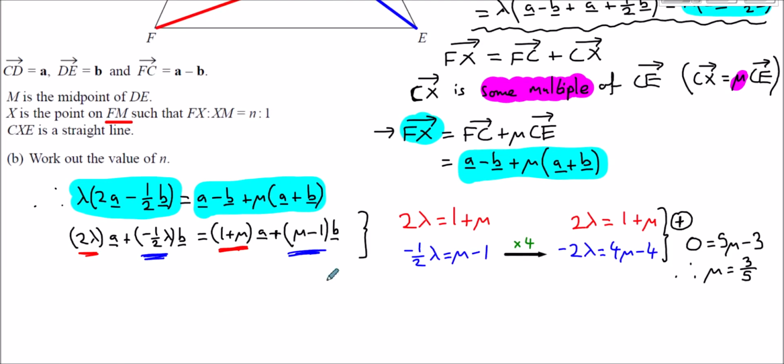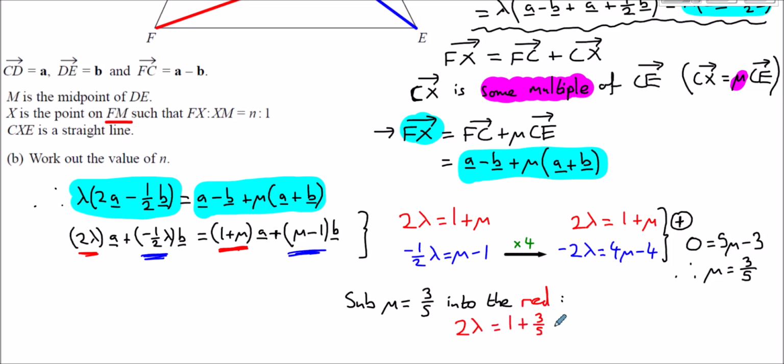So now we know that mu is 3/5, we can now sub mu equals 3/5 into either one of these equations. I'm going to pick the red. So we get now that 2 lambda equals 1 plus 3/5.